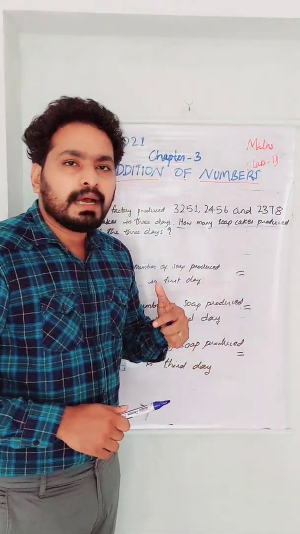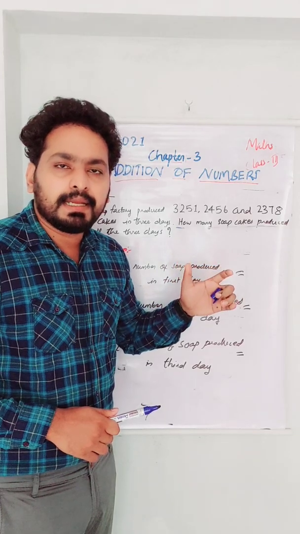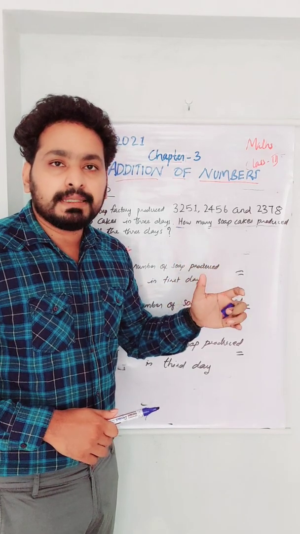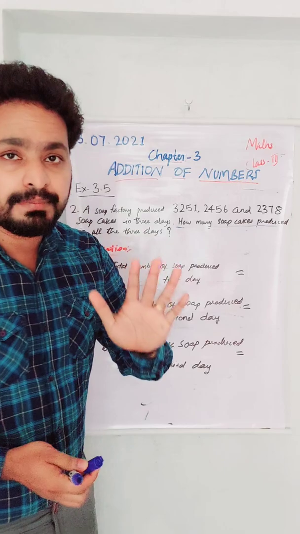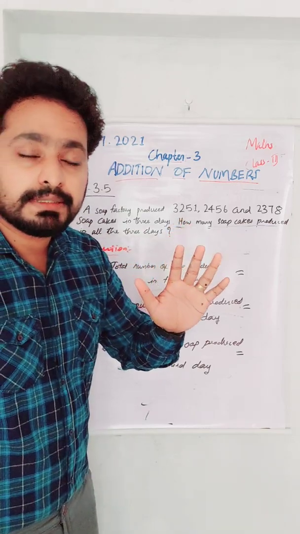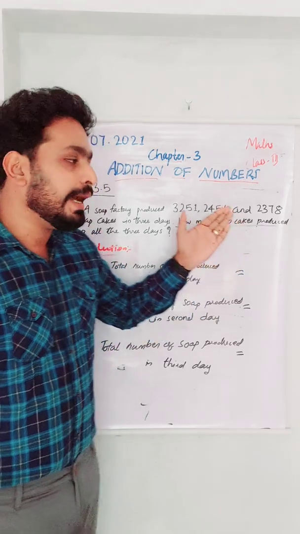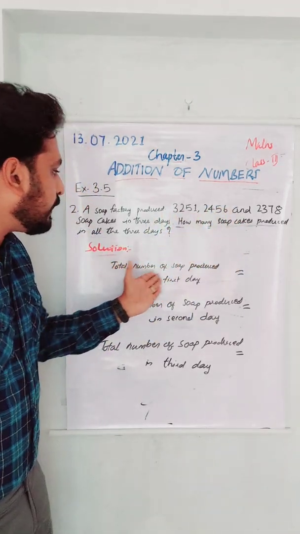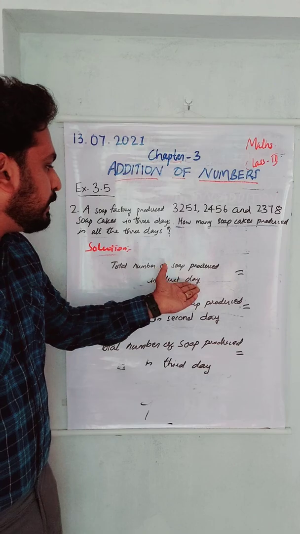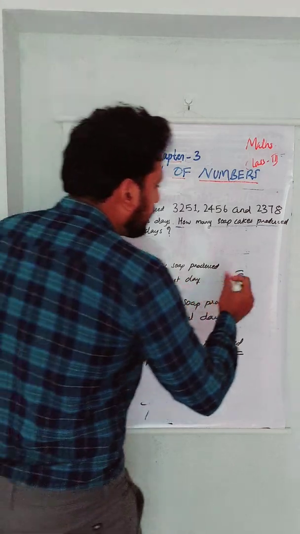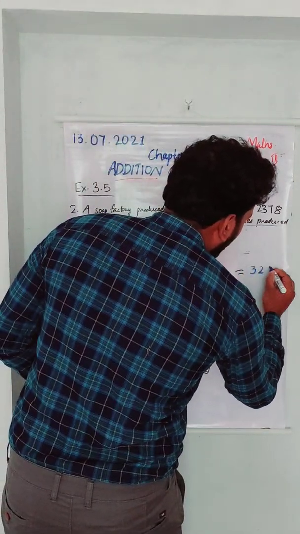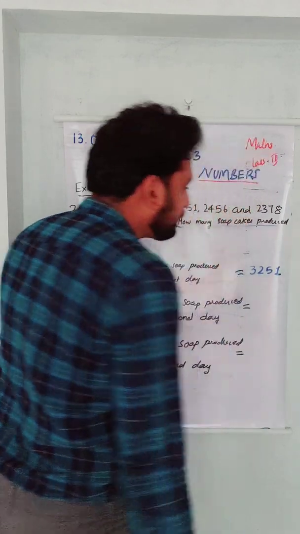If you add these 3 numbers, then you will get the answer. Students, इधर हमको ये आंसर फाइंड करने के लिए टोटल कितना स्टेप है? 5 steps are there. कौन सा स्टेप है? First step is we have to read the question carefully, and second step is total number of soap produced in first day, that is 3,251.